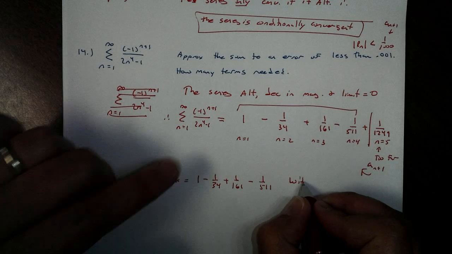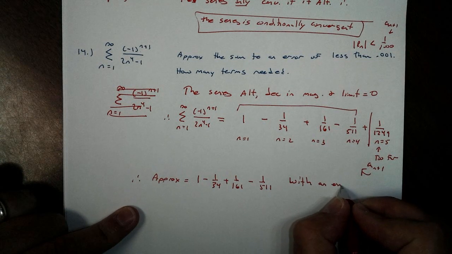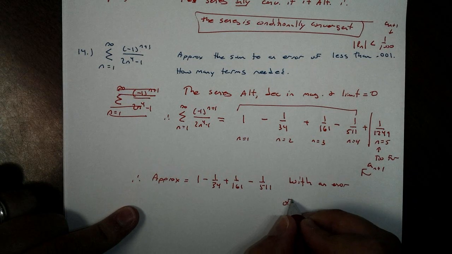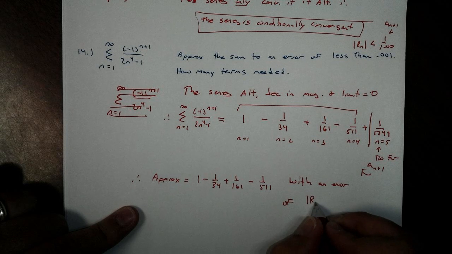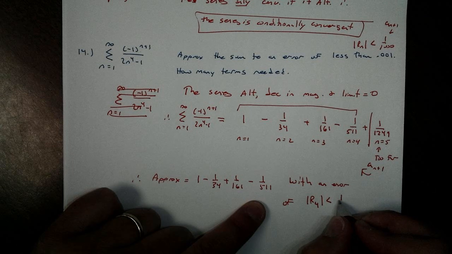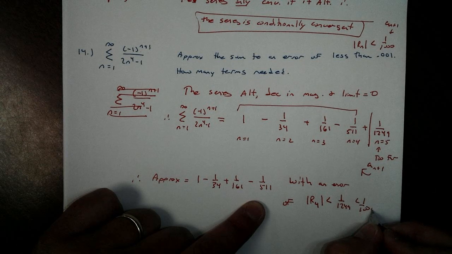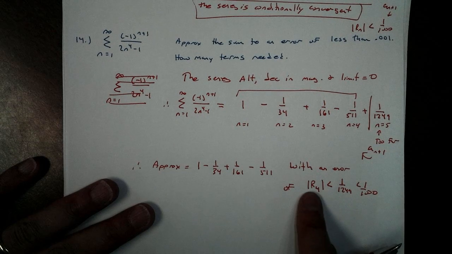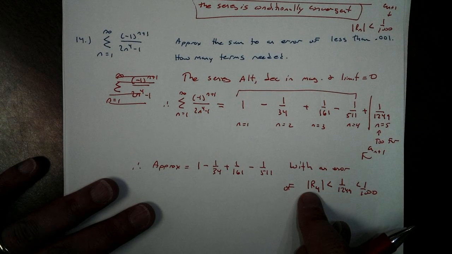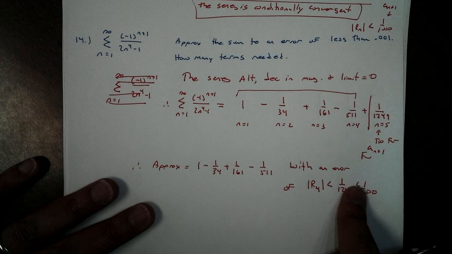With an error, because they do tell us an error, our error r sub 4 is less than my next term, which was 1 over 1,249, which is less than 1 over 1,000. The error of our fourth term is less than 1 over 1,249, which is less than the 1,000th of the decimal, which is what they wanted.